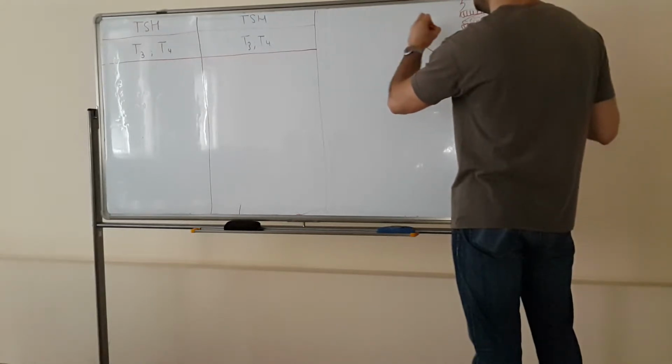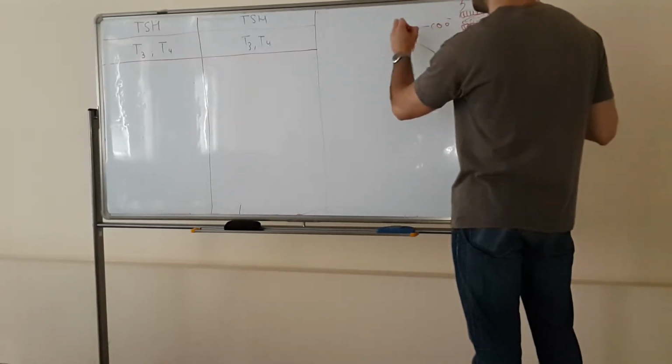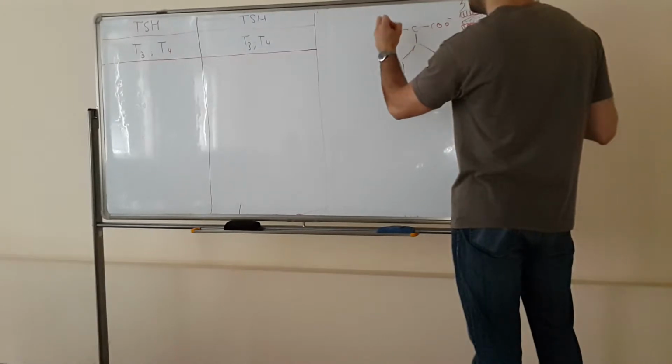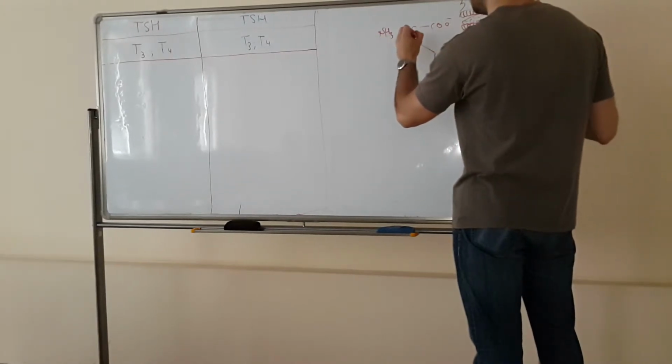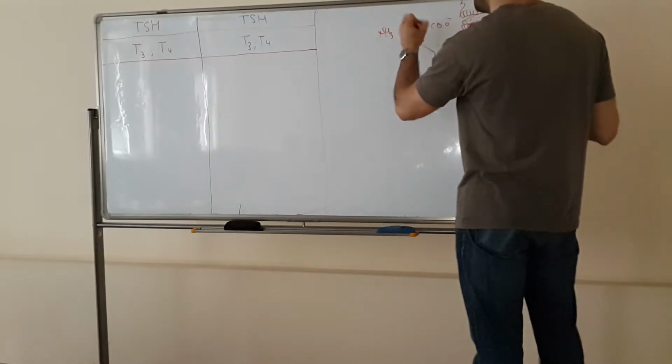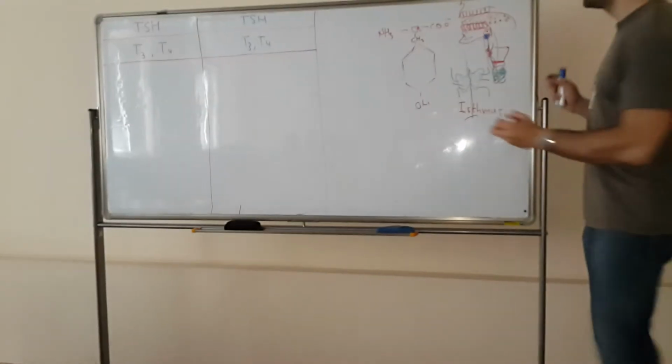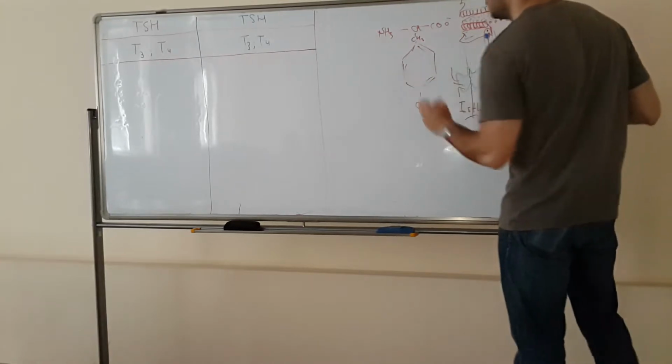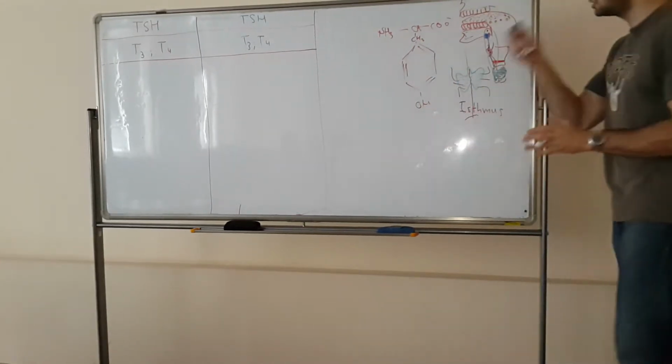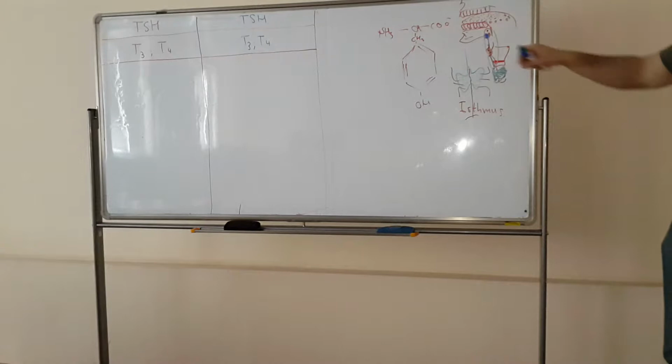There's the COO group, there's the NH3 group, and probably there should be one CH2 there. If I remember, I'm not really sure about that, but still, it should be like that, tyrosine. So there's a benzene ring.